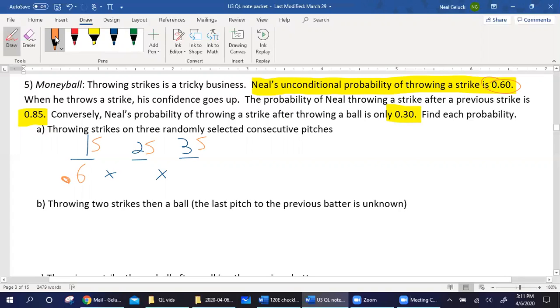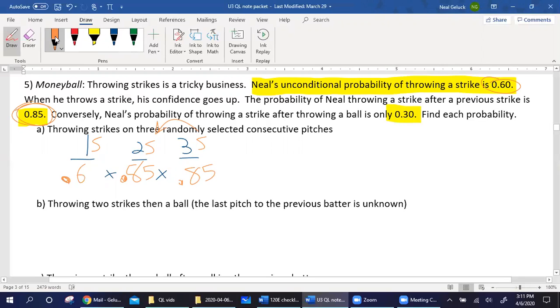But now for the second pitch, my confidence went up. So now I have an 85% chance of throwing a strike here. Then my third pitch, the previous pitch was a strike, again has an 85% chance of being a strike.